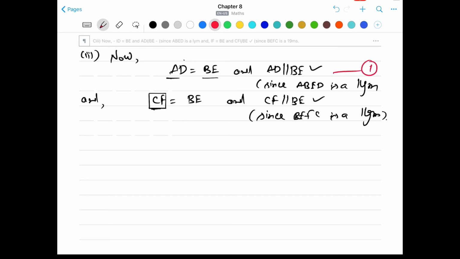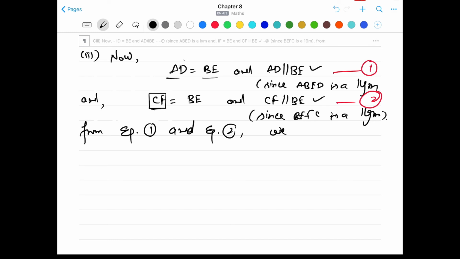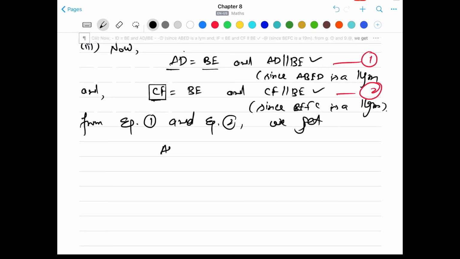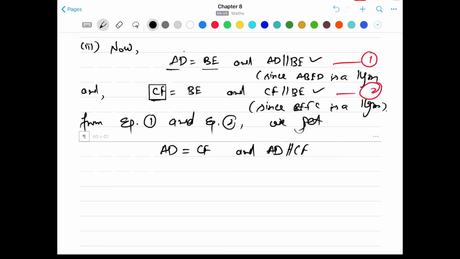Let's name these equation 1 and equation 2. From equations 1 and 2 we get that AD is equal to CF and AD is parallel to CF. Okay, that's what we are asked to prove in this part.